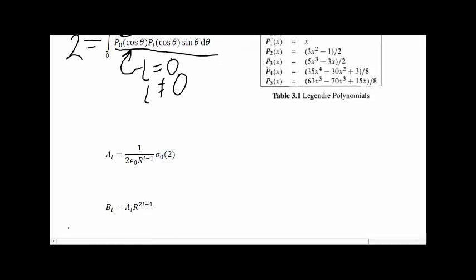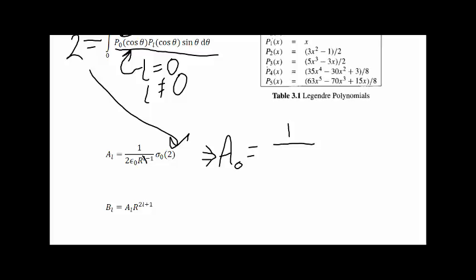Then we're going to move that down, bring it down here, back into the solution. Go through, get rid of all your L's, so that you have A sub 0 equal to 1 over, that cancels, so you just have R over epsilon naught times sigma naught.